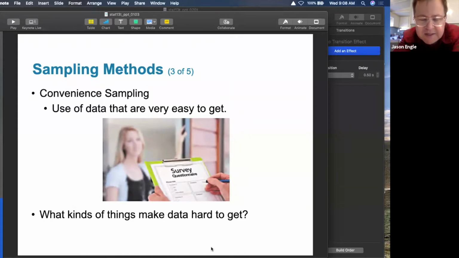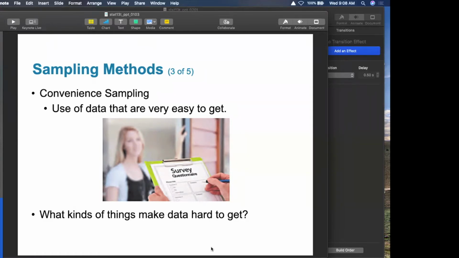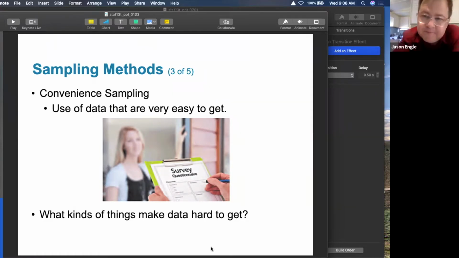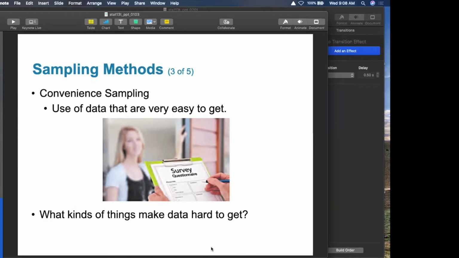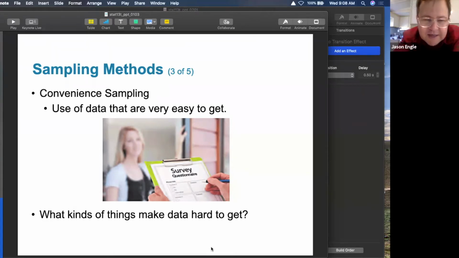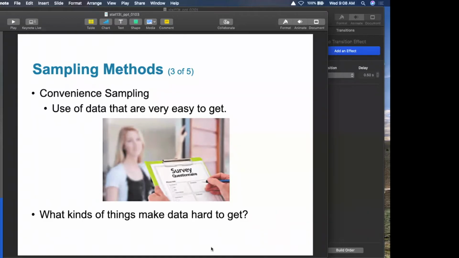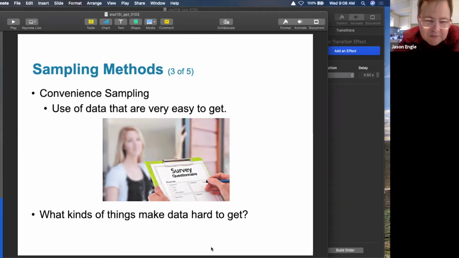What are the kinds of things that make data hard to get? Participation. Yeah. When you say participation, you know what comes to mind? You ever watch those YouTube videos where before you watch the video they want you to answer a question? Sometimes, as my own personal protest, I'll just choose the first answer because I want to get on with the video without even reading the question.